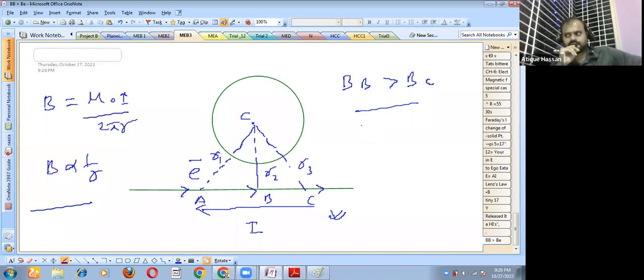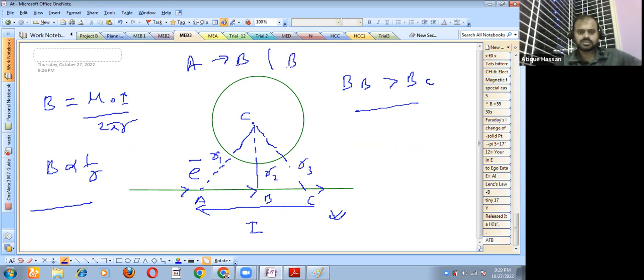The magnetic field was increasing when the electron was moving from A to B, and when the electron was moving from B to C, the magnetic field was decreasing.